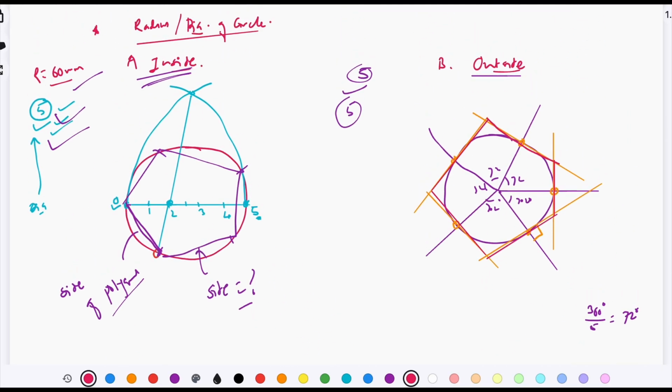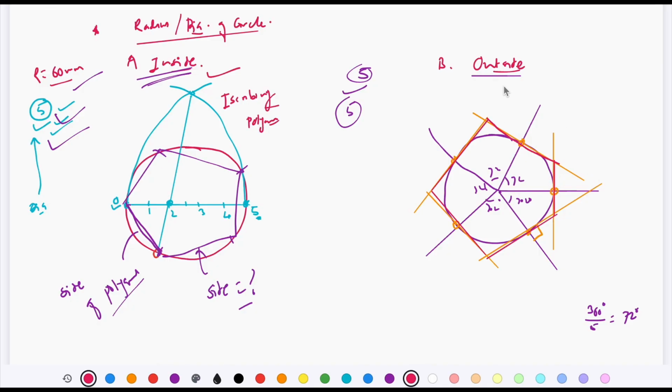One thing I failed to specify over here: this method where you draw a pentagon inside a circle is called inscribing a polygon inside a given circle. The question might be like, inscribe a polygon in a given circle.